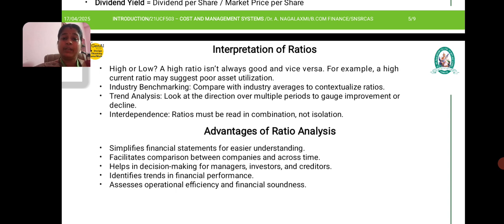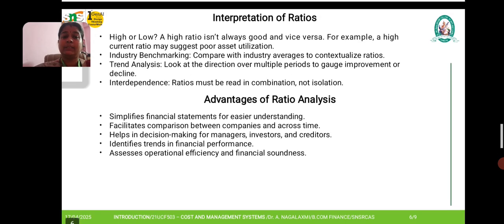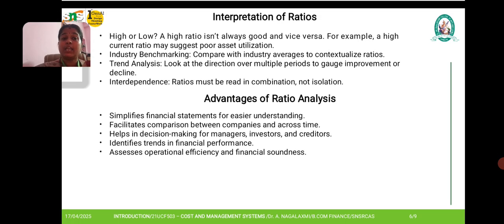Next are the advantages. It simplifies financial statements for easier understanding. The stakeholder may have knowledge of economics or accountancy, or nothing; we cannot say. With the help of these ratios, anyone can understand the financial statement of the company.